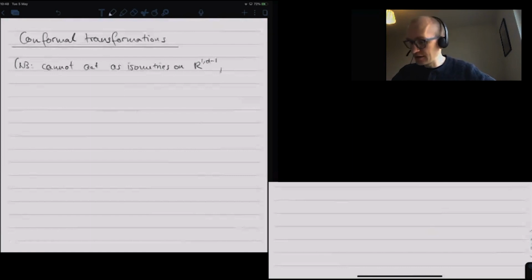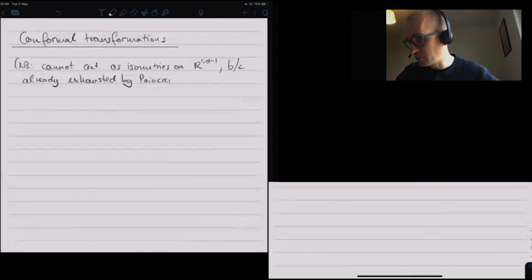That's because those are already exhausted by Poincaré. We said there can't be any more isometries. Since the conformal group, as you will see, just adds generators to Poincaré, Poincaré will be there as a subgroup of the conformal group. Minkowski space just can't take any more isometries.